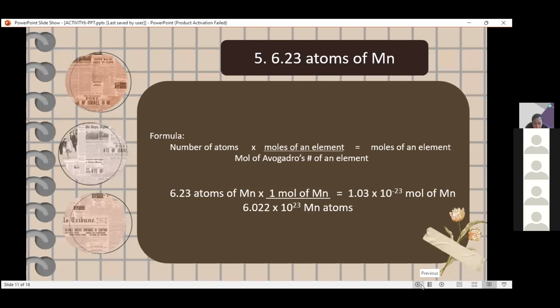Number 5 is 6.23 atoms of manganese. 6.23 atoms of manganese times 1 mole of manganese divided by 6.022 times 10 to the power of 23 manganese atoms equals 1.03 times 10 to the power of negative 23 moles of manganese.